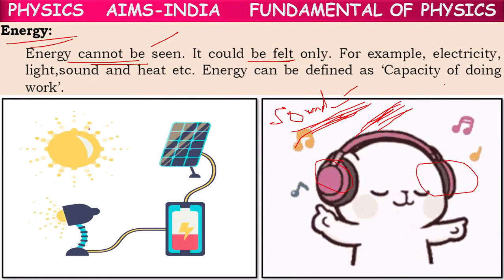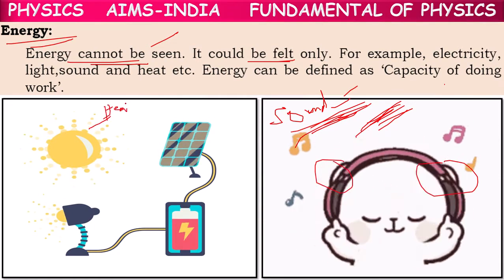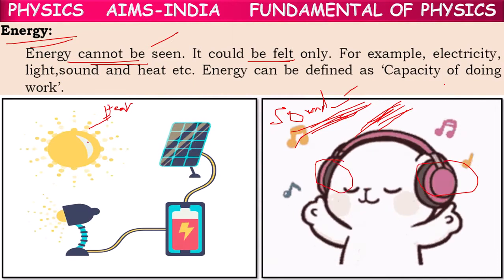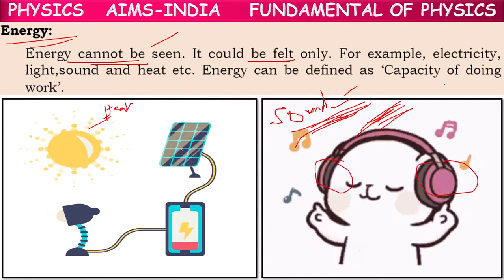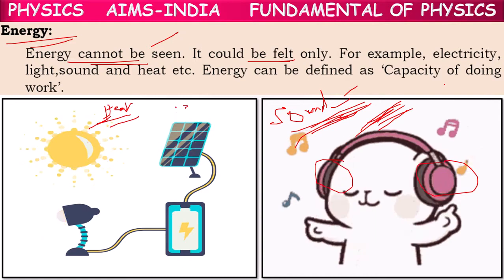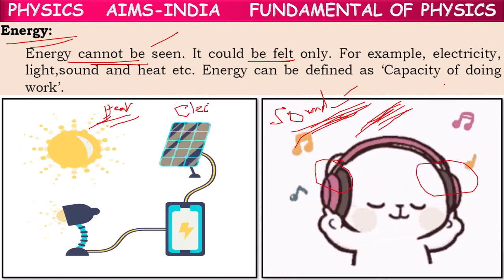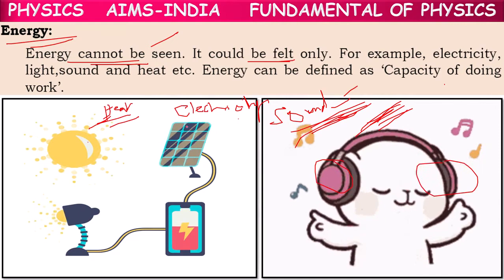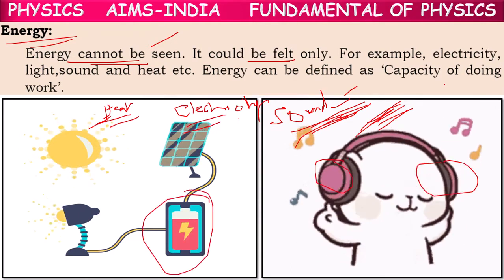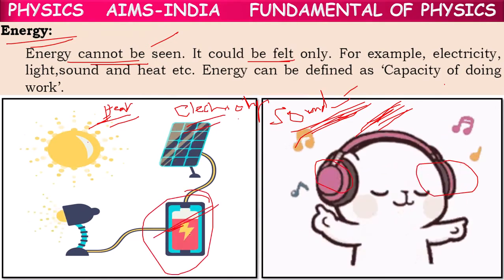Or from the sun, heat energy will come to the solar panel. The solar panel will convert heat energy to electrical energy. Because of that, charging will happen, so we can supply it to a battery.